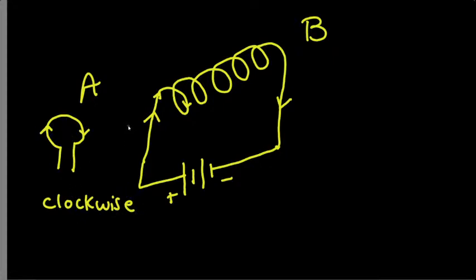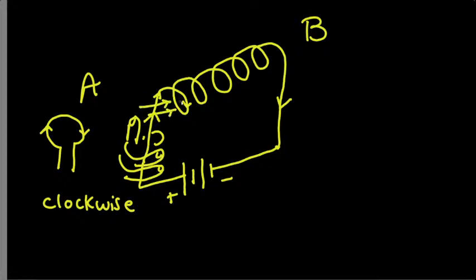Now if I place my thumb over here and I curl in my fingers, so the thumb is up and the fingers are curling in like this, which means the magnetic field lines are in the direction of the fingers. So my magnetic field lines are going in.